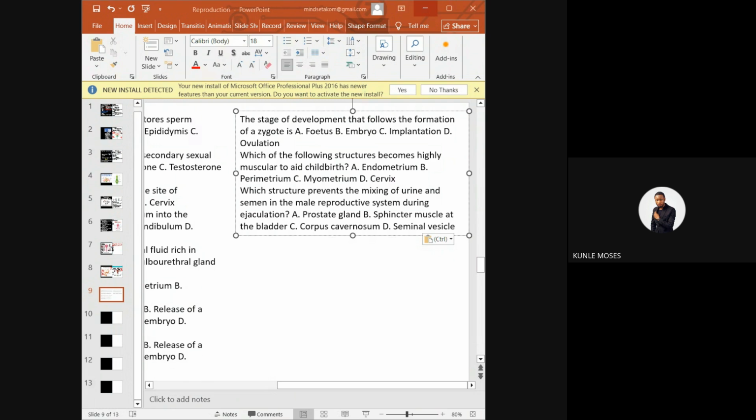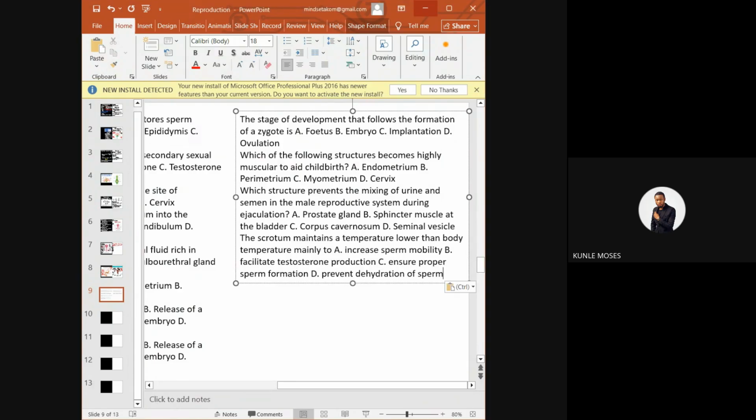The scrotum maintains a temperature lower than body temperature, mainly to... All these questions are actually the same. Let me give you a clue.